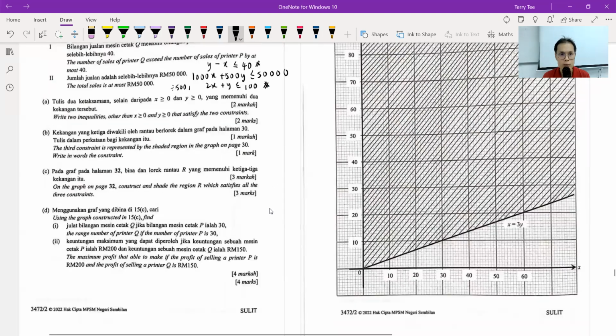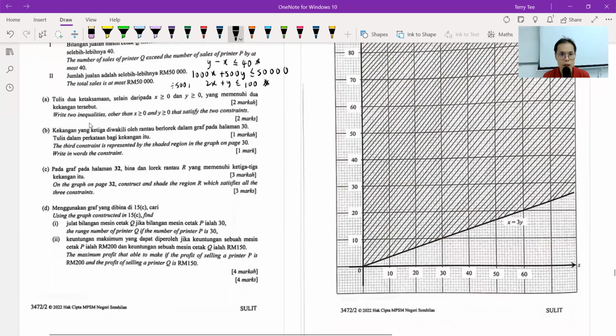Okay, next. Part A done, part B. The third constraint is represented by the shaded region on the graph. What can we see here? x equals 3y. x is the number of printer P. Remember, when you see the shaded region based on y, 3y is actually above, so 3y is greater than or equal to x.